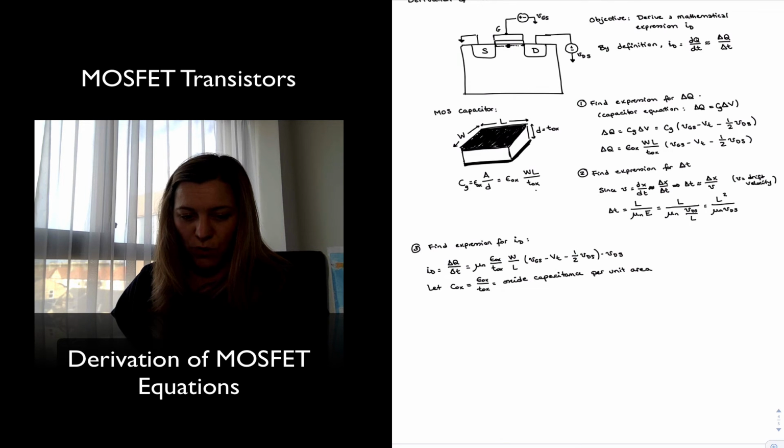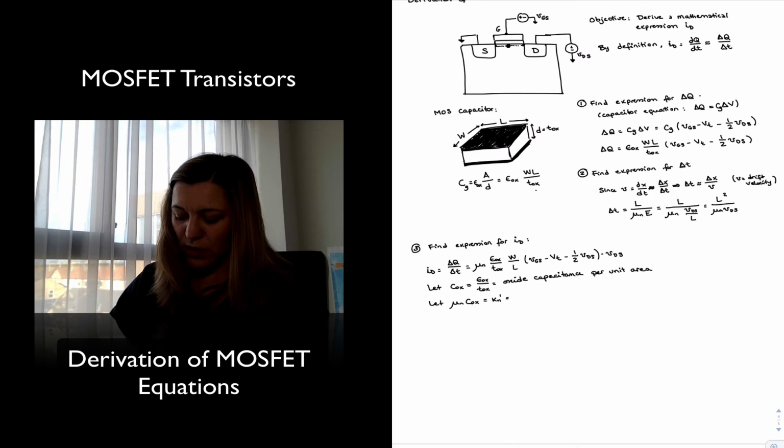And so we're going to combine the mu sub n with the C oxide, and so we're going to let mu n C oxide, we're going to refer to that as Kn prime.